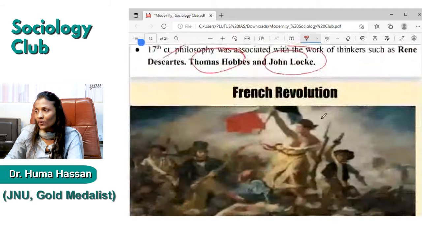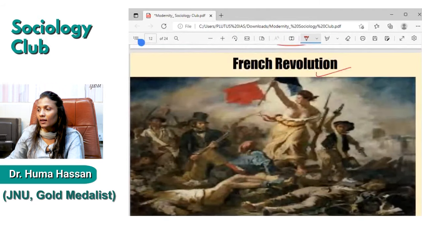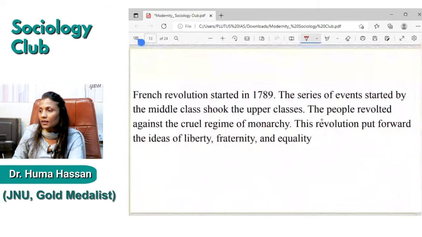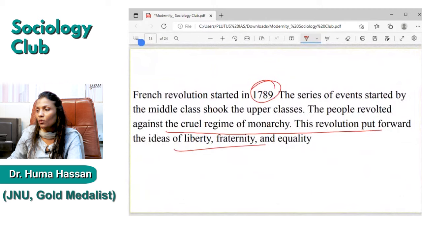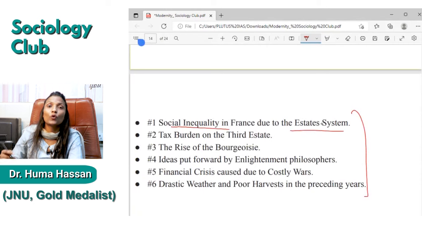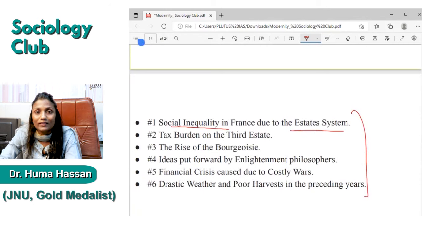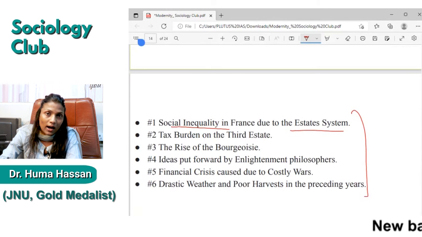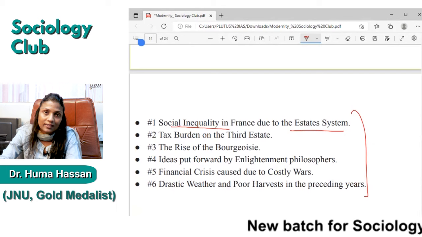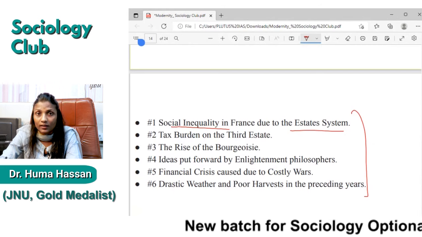Now this is French Revolution. This is a fact, and these are some other facts, and you must know what had happened. Actually, it brought social inequality in France due to the estate system. You should know the role of Louis XVI, his wife, what the National Assembly was doing, the Jacobin Club.